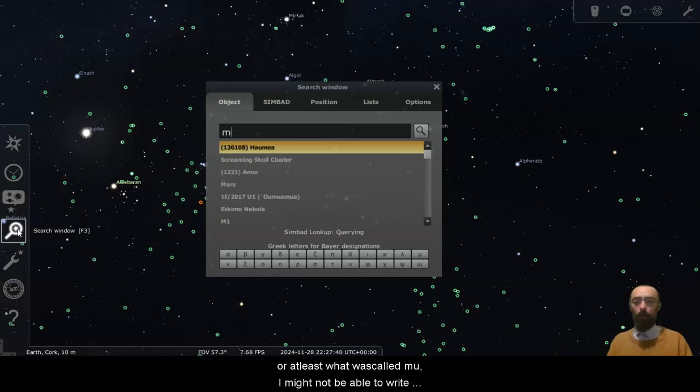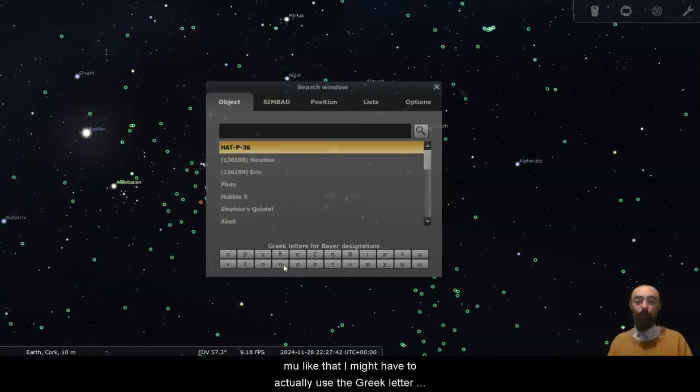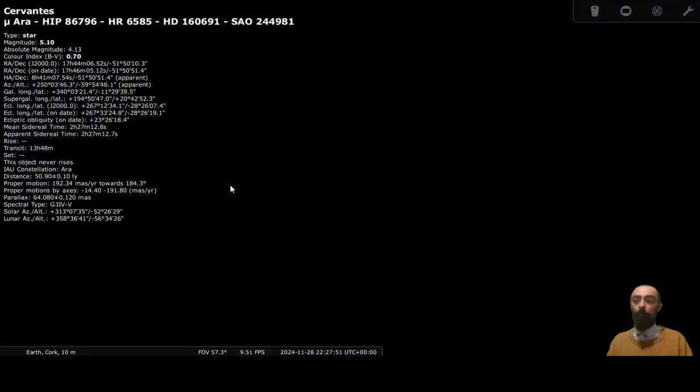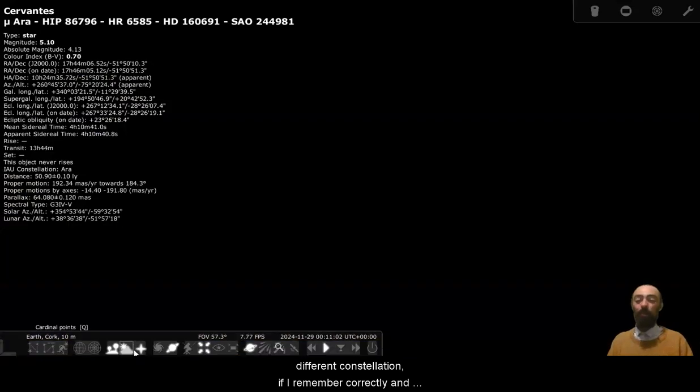I might have to actually use the Greek letter Mu, which is this one. M for micro, and then we go Arieae. There we go. So this isn't the one I was looking for. This is Mu, in a different constellation, if I remember correctly, and it's not coming up, but it doesn't matter too much.